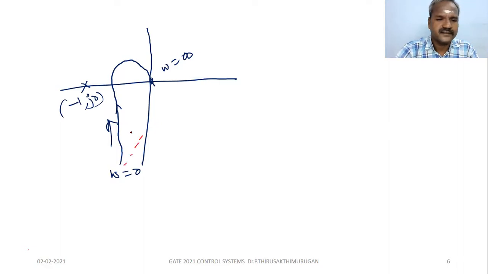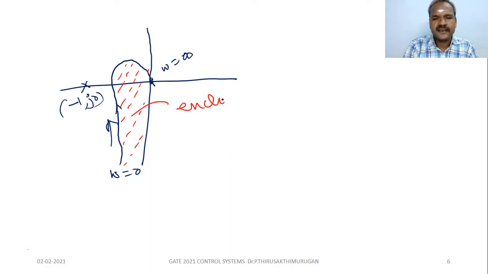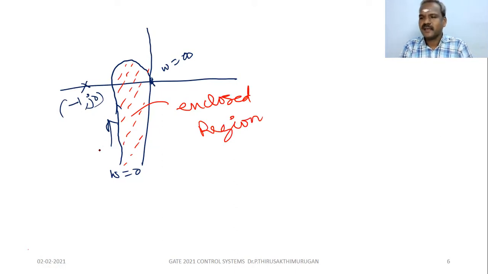This portion, the right hand side of the Nyquist polar plot, is the enclosed region. This is called the enclosed region, so this is the stable area.